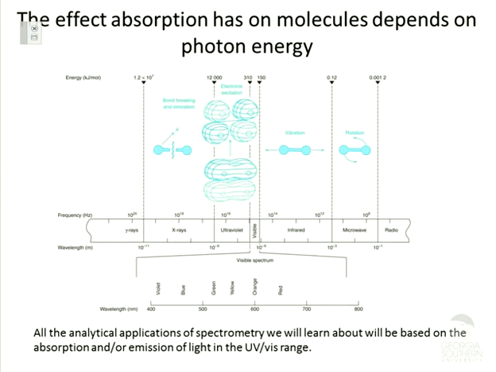Now you go even farther, into the visible and ultraviolet region. Those photons carry even more energy, and they're able to move electrons around. So far we've just been talking about making the nuclei move, either some rotation or some vibration. But now these photons have enough energy to lift electrons from one orbital to another.